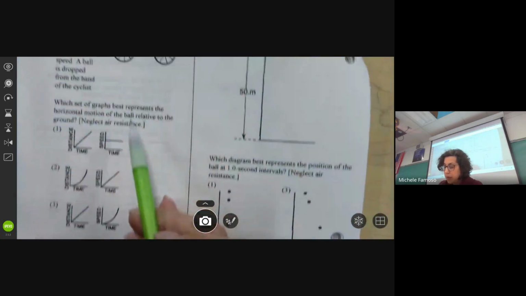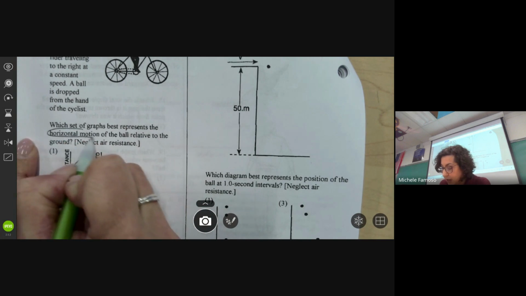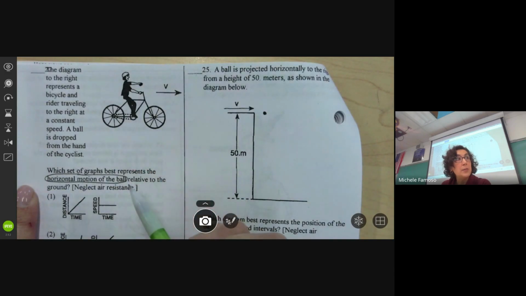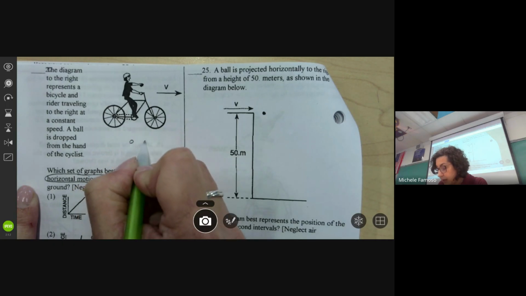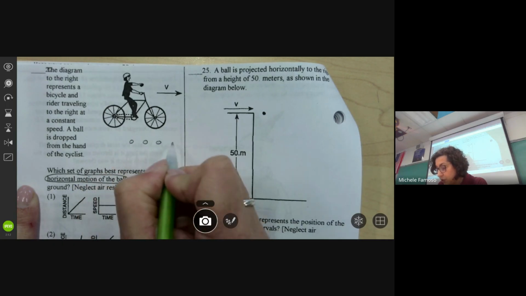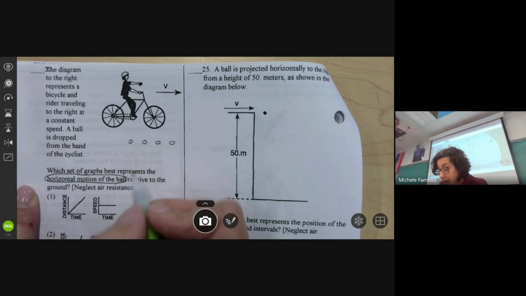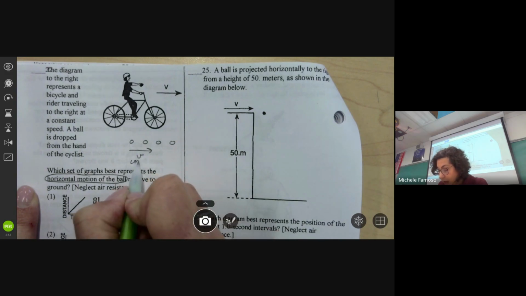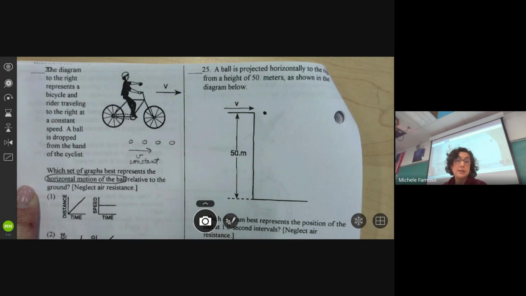22. Okay. I want you to find the set of graphs which shows the horizontal motion of the ball. The ball is going to move horizontally with the bike even after you release it. And as it moves horizontally, because there's no gravity in the horizontal direction, it's going to travel outward with a constant velocity to the right. So I need graphs which show that that velocity is a rightward constant velocity.